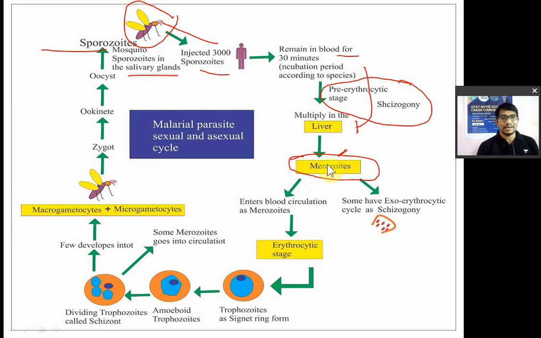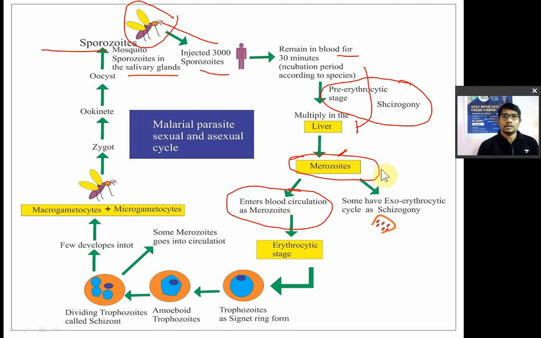They multiply over there, and after the multiplication they destroy the cell, and thousands of merozoites are released into the circulation. That is one way. These merozoites will enter into the blood.